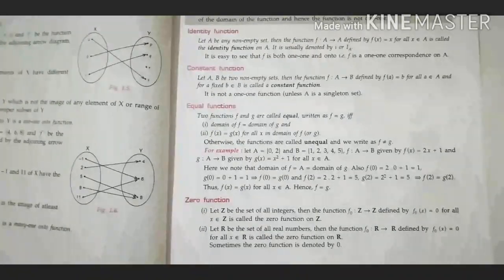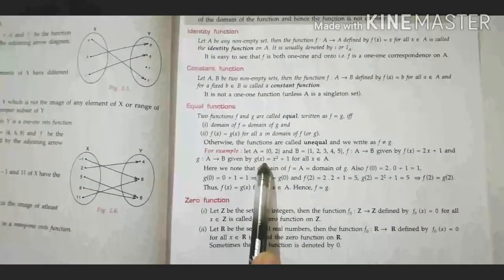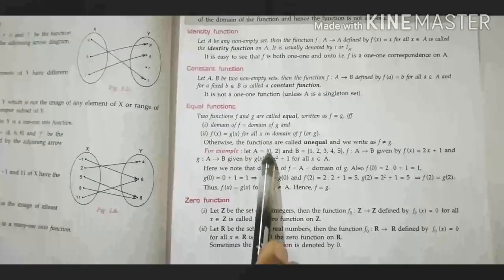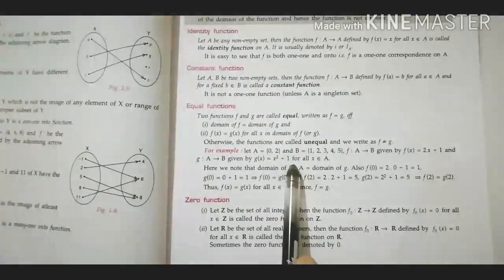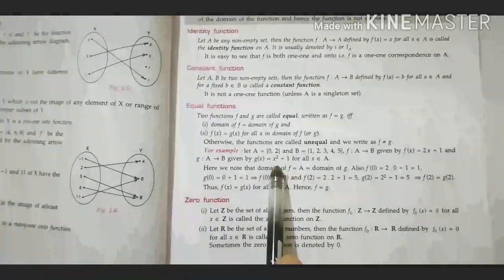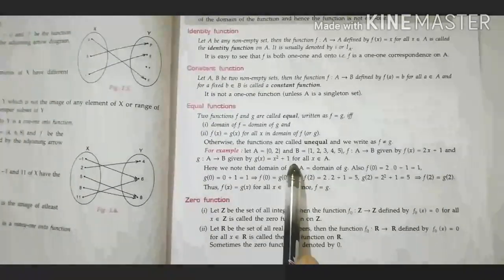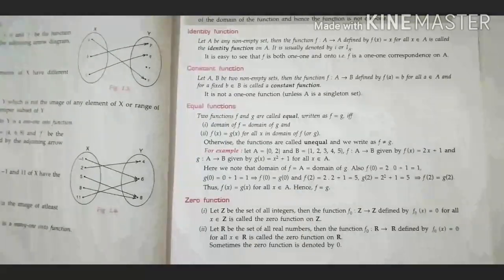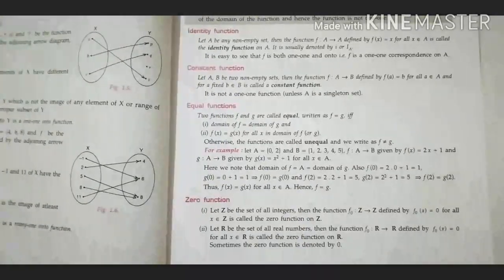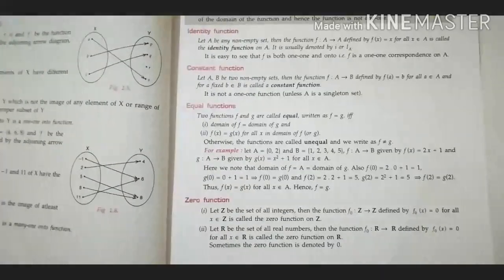And if you input these two elements in the second function, if you input 0 here, that is 0 square plus 1, that is 1 again, and if you input 2, that is 2 square plus 1, that is 5. So here we are inputting 0 and 2, that means in both cases the domain is the same.